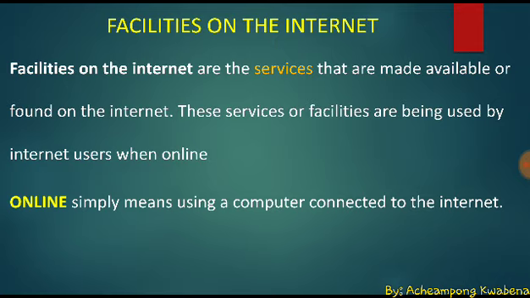When you say online, we are just referring to a computer that is being connected to the internet. So when a computer is being connected to the internet to get information from that internet, we can say that the computer is online. In the same way, when a computer is not connected to the internet, we can say that that computer is offline.